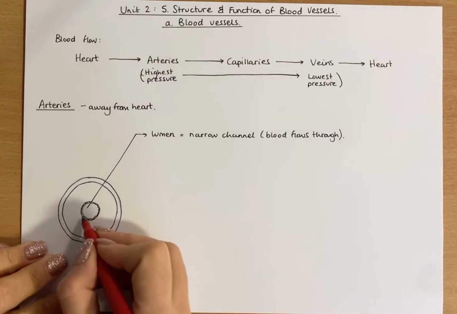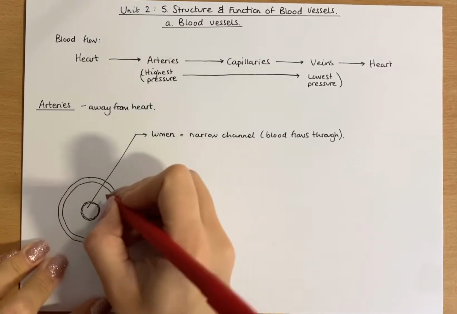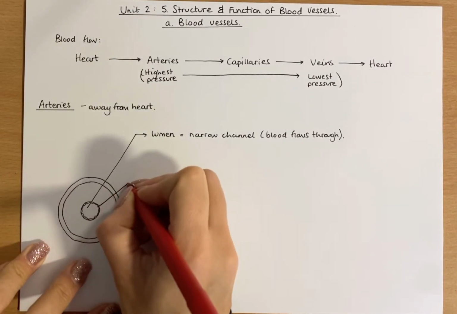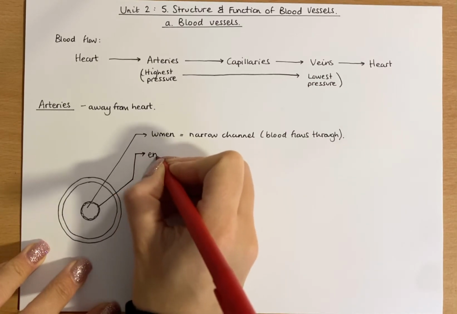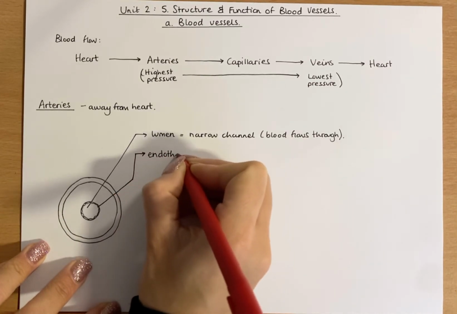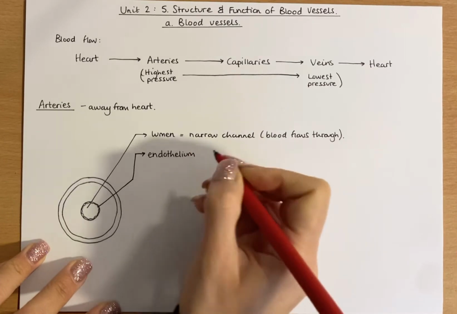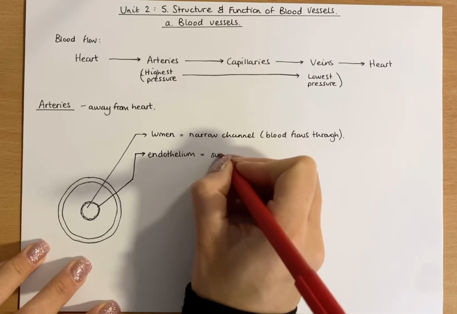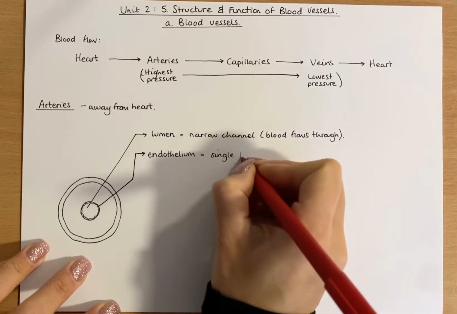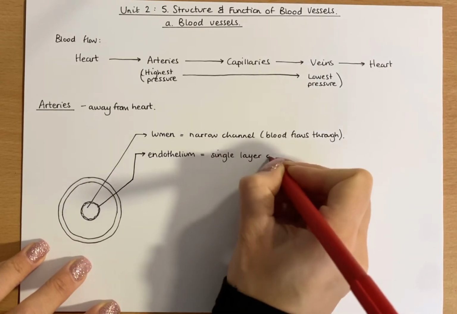Now around that lumen you have a layer of cells here, which is actually just one cell thick. Now that layer of cells is called the endothelium. Now the endo means in, right? Thelium is a lining, so it is a single layer of cells.